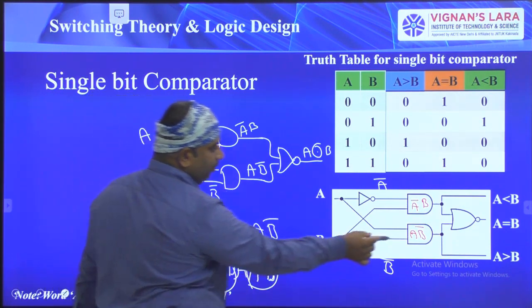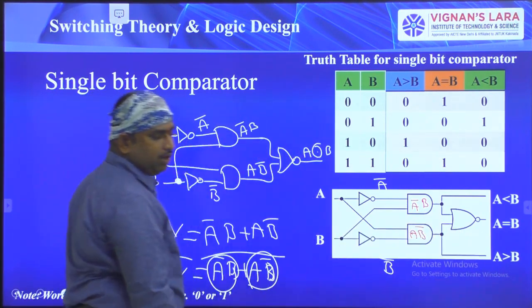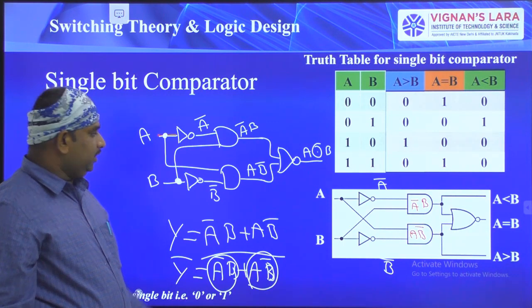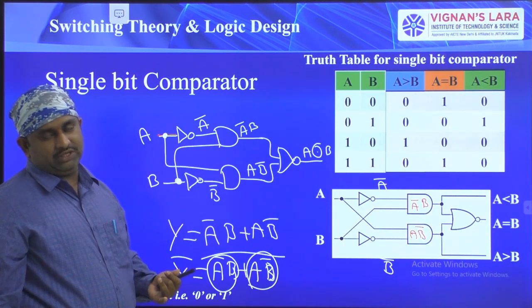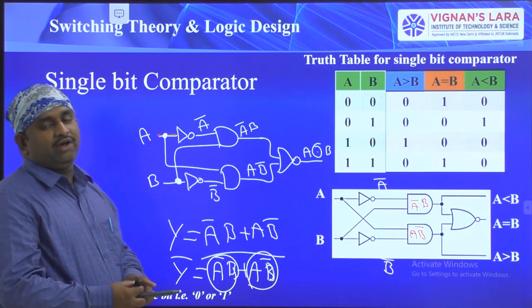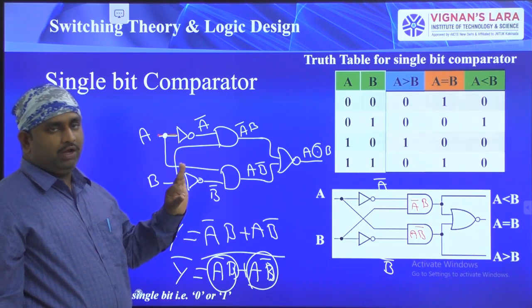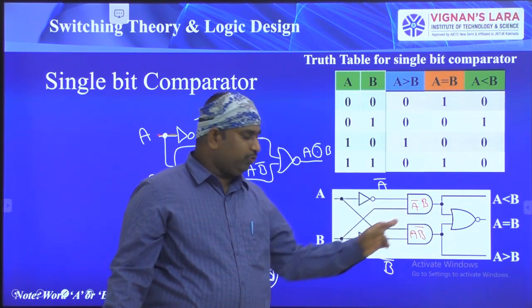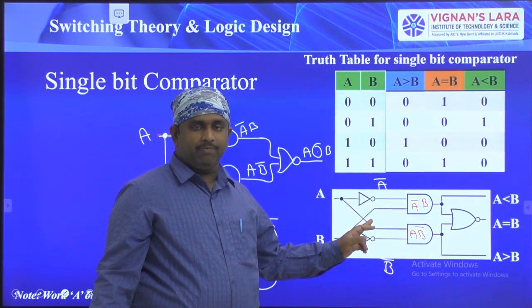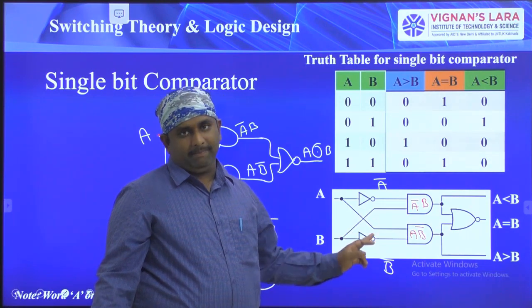The same diagram I have drawn here. So see here, this is the NOR gate. So this is the diagram which explains the three conditions of a comparator. For our comparator we have three outputs, that is A less than B, A greater than B, A equal to B. So this is the diagram for a single bit comparator.